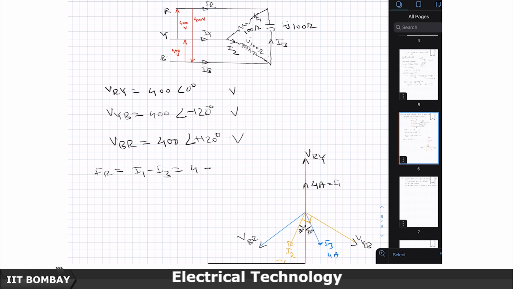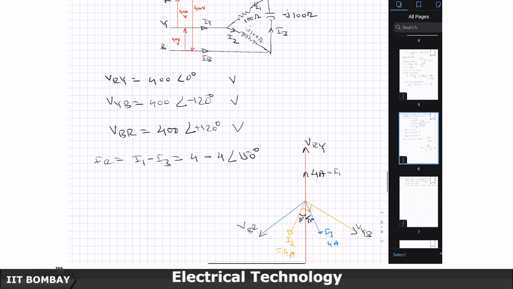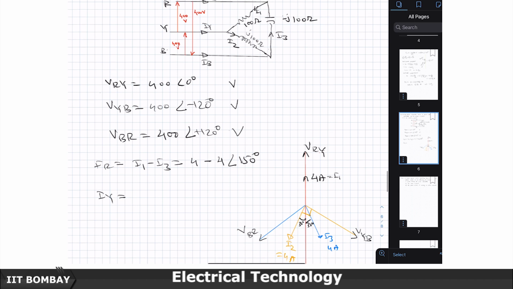What is I3? I3 is also 4 amperes, but lagging the voltage by 150 degrees. And IY I am going to leave it to you to do the final set of computation.